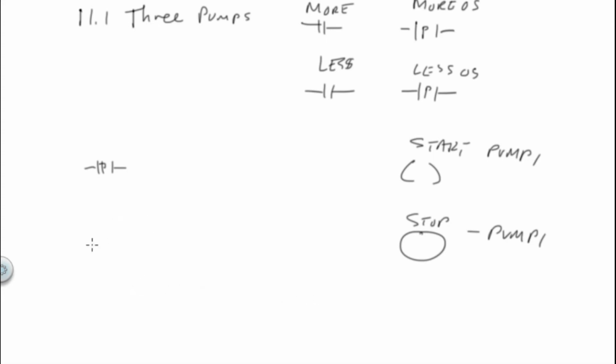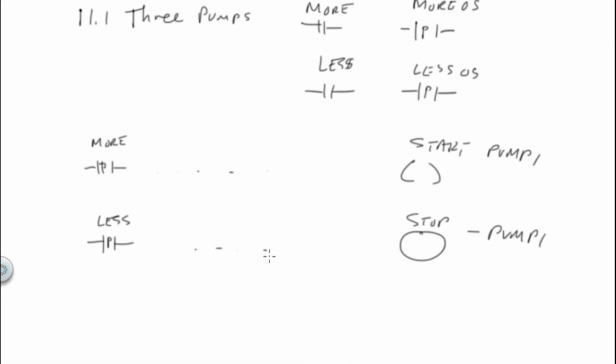So basically, this would be my more button. Some of the rules for the less would be to turn it off. There's a bunch of rules in here, and I would need to know all the logic: if I'm in auto, what it would be, and if I'm in manual, what it would be.